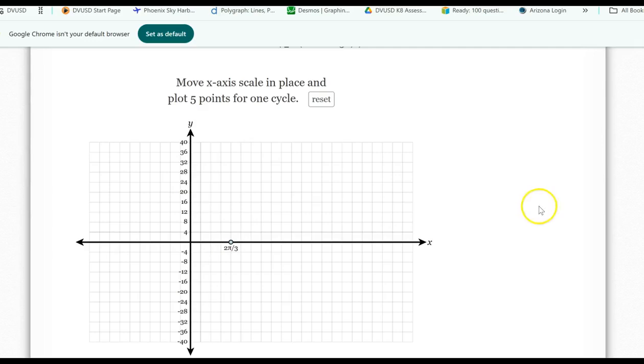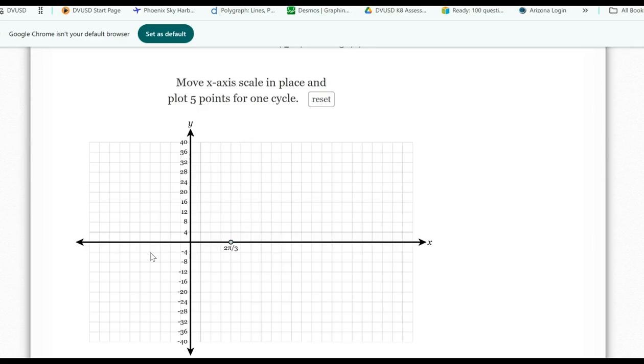All right, now we can begin the process of graphing those points. So remember, we had negative 2 pi over 3, negative pi over 3, 0, pi over 3, and 2 pi over 3 right there.